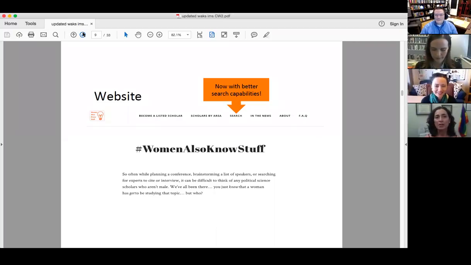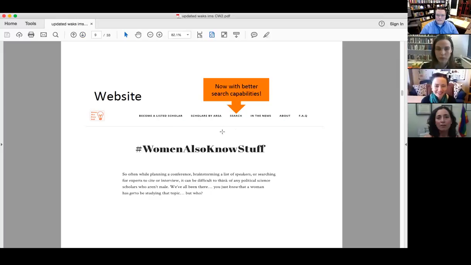Maybe one of the biggest parts of what the Women Also Know Stuff initiative is doing is getting women to upload a profile on our website so that folks who are planning a conference, looking for guest speakers, maybe just doing some research, and they want to make sure they're citing all the relevant knowledge, and then also for the media, that they don't just rely on who pops up to the top of their head, because then of course implicit bias means that women are going to be less likely to be included and less likely to be asked, but that they will find women experts and use them.